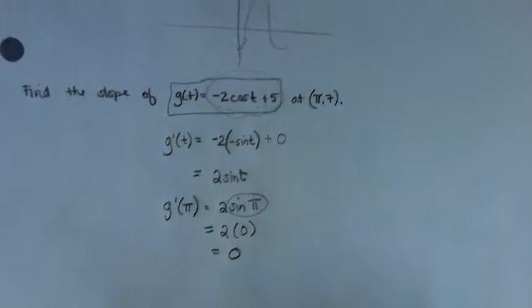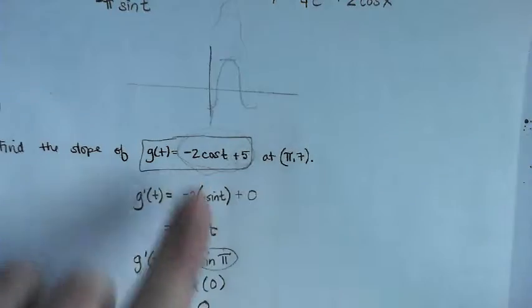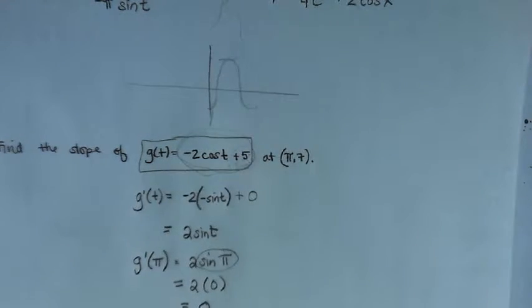So if we look at this graph, negative 2 cosine of t plus 5, let me grab a calculator. This is all good stuff. Why don't we use the 7 for anything? Let me plot this. Negative 2 cosine t plus 5. My mode needs to be radians.